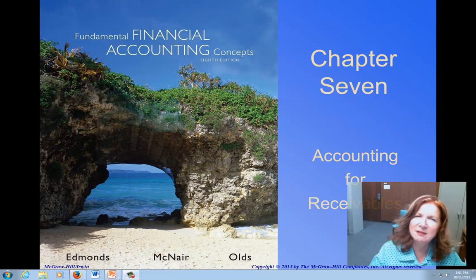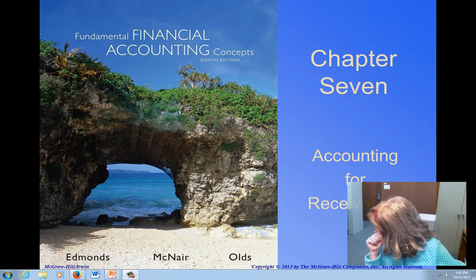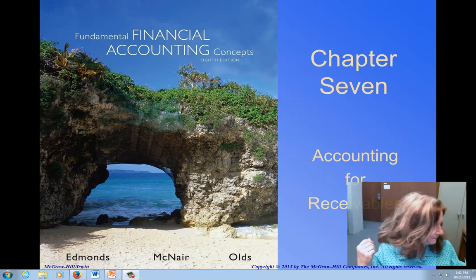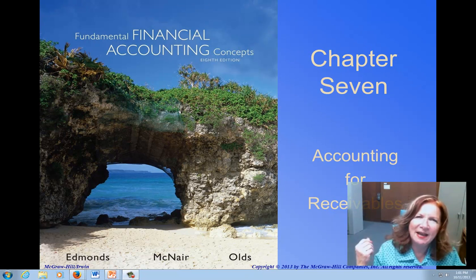So now it's still the cash for the principal and interest, and it's the principal, interest receivable and interest income in that entry, instead of having one entry for the interest earned and then a second entry for the cash.